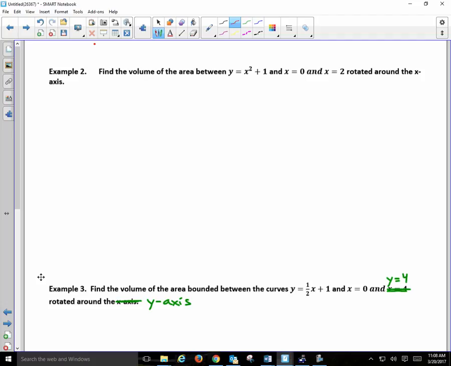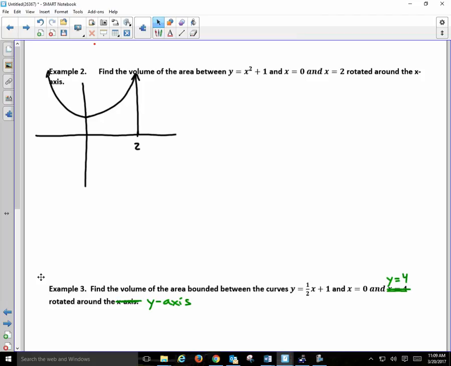Find the volume of the area between y equals x squared plus 1. y equals x squared plus 1 is a parabola shifted up 1 unit. We have x equals 0, which is the y-axis.